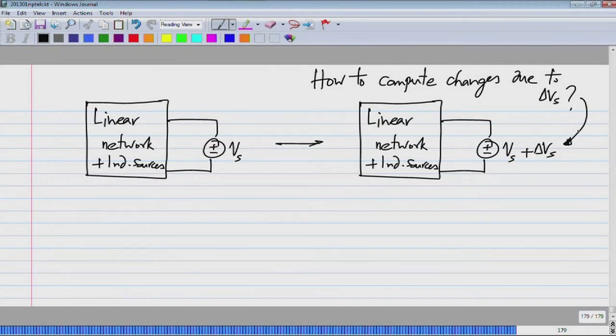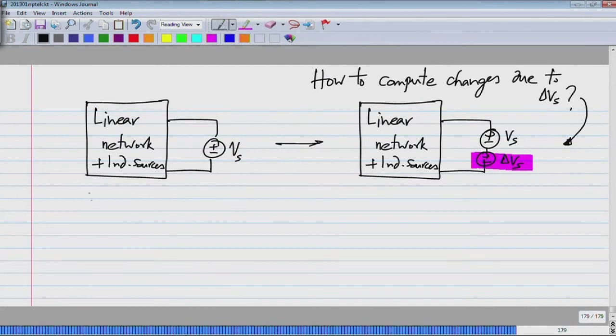So that's right. As Sumit answered, you use superposition, and the way to do it is, because this is a linear network, now we have already calculated the solution to this, and this Vs plus delta Vs is nothing but Vs in series with delta Vs. In this particular case, when we originally calculated, everything is active except this one. You can think of it as the case with delta Vs equal to 0.